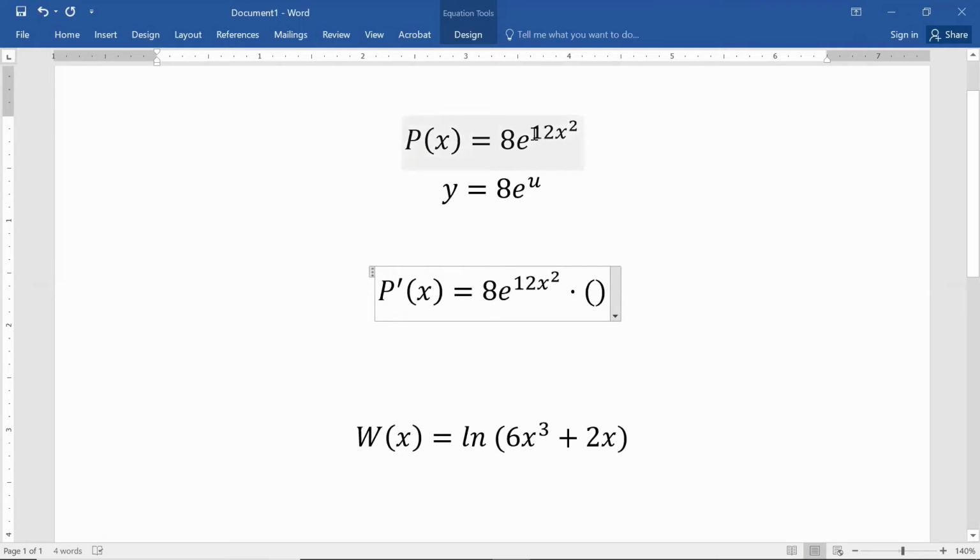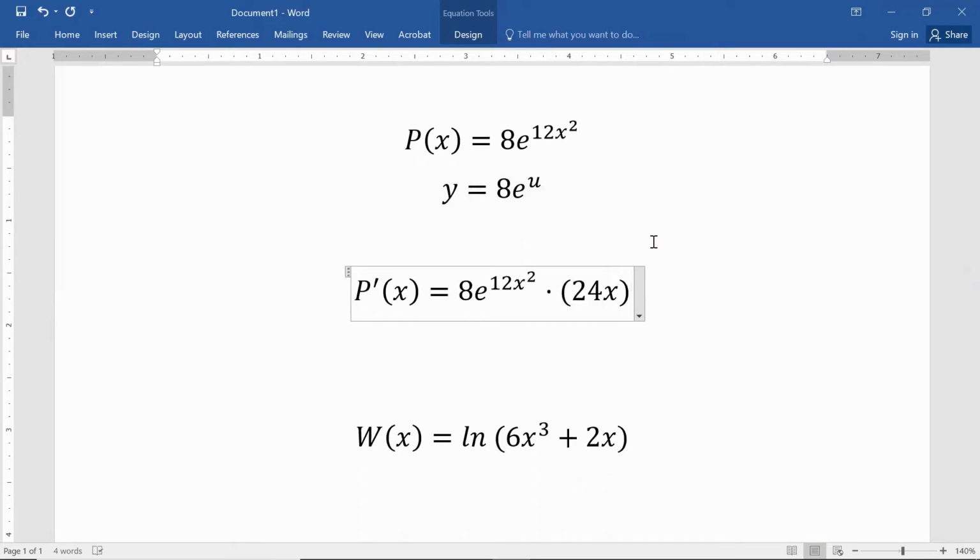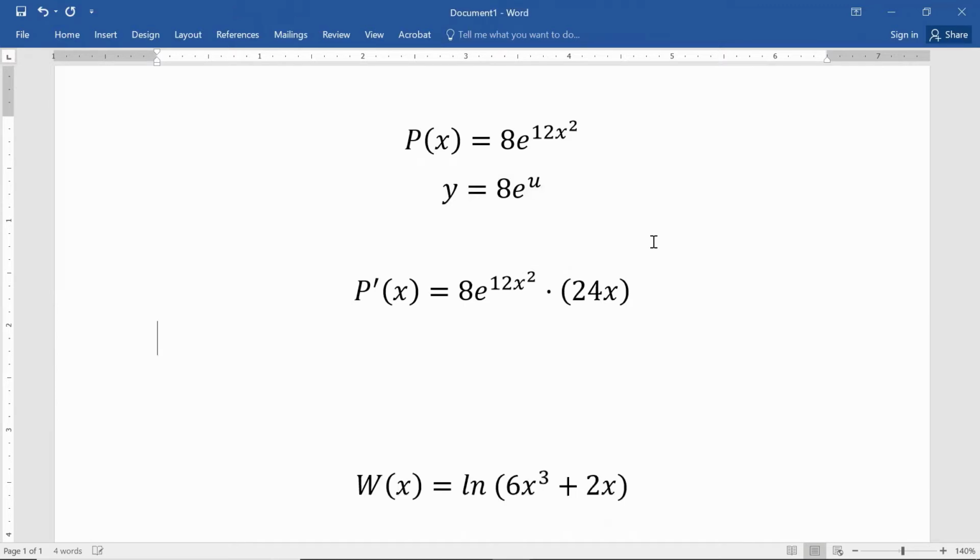Now, in this case, the derivative of the inside function is the derivative of 12x squared. Here, I've denoted the inside function just by the letter u. So the derivative of the 12x squared is 24x to the first. Once again, that's a single term, so I am going to clean the derivative up algebraically.